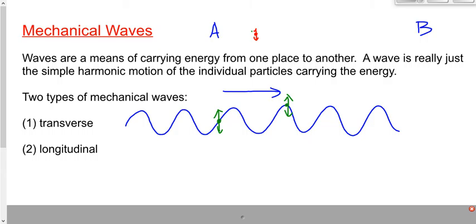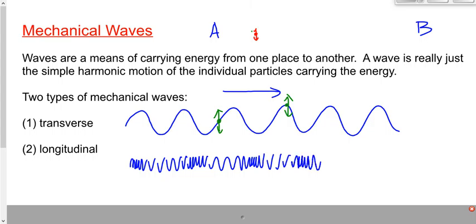In a longitudinal wave, and it's a lot harder for me to draw this, but bear with me here. In a longitudinal wave, we have this series of areas where it's squished or higher density, and then we have these areas that follow it with lower density, where it's stretched out a bit.